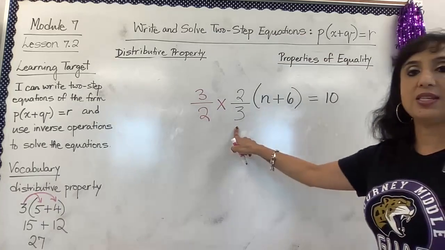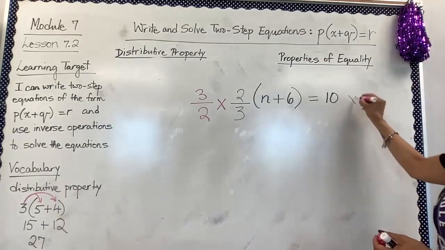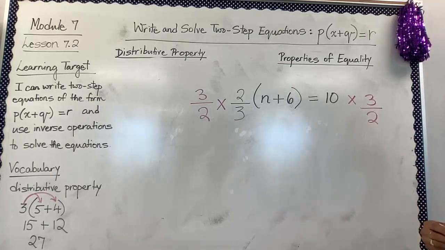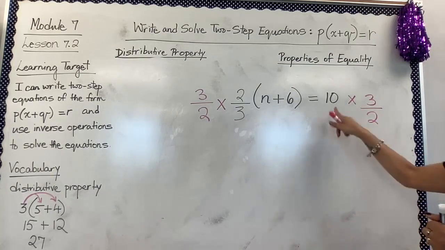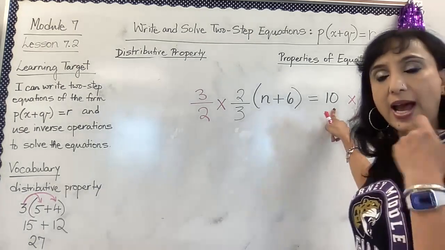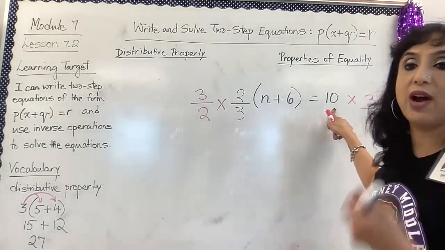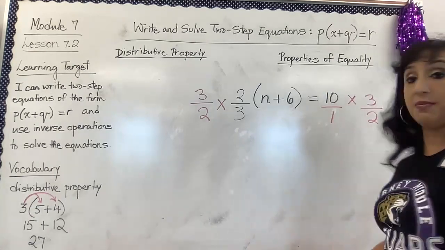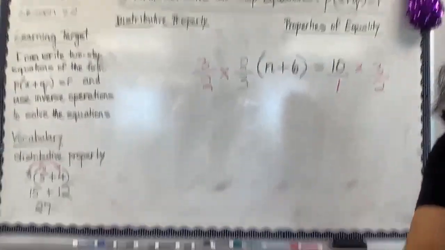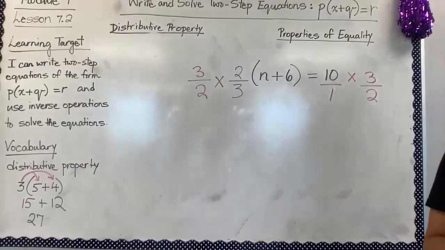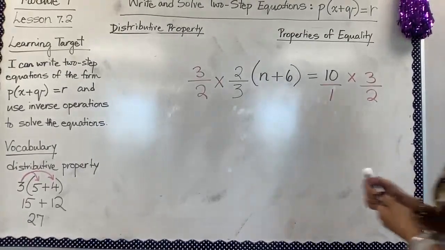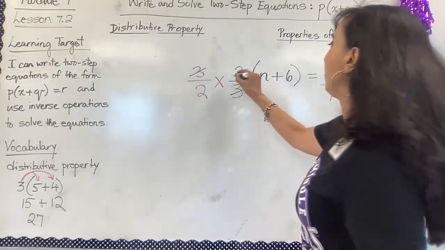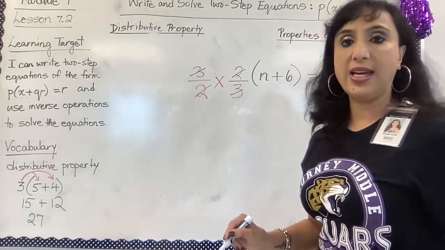Whatever I do on this side of the equation, I've got to do exactly the same thing on the other side of the equation. And now I can take the 10, it's a whole number, and I can convert it to a fraction by writing it over 1. 10 over 1, because isn't that exactly the same thing? So now if I look at 3, I can divide 3 by 3, I get 1. I can divide 2 by 2 and I get 1.